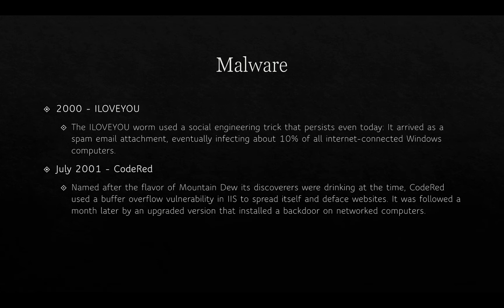So we started off with something that was reasonably innocuous in terms of just defacing a web page or a website by attacking the Microsoft web server, but then followed by more malicious activity by installing the backdoor. In fact, we've seen a recent reprise of this with an attack on Exchange servers, the email services that Microsoft provide, where the attack was simply to install a backdoor, and it was fairly indiscriminate.